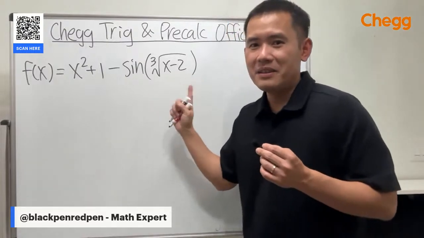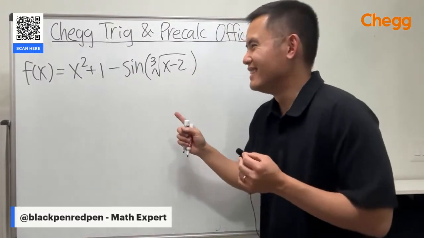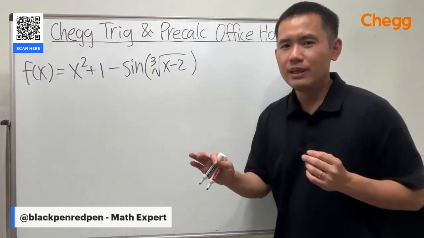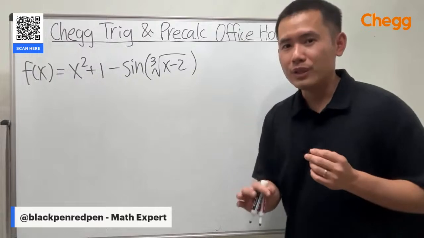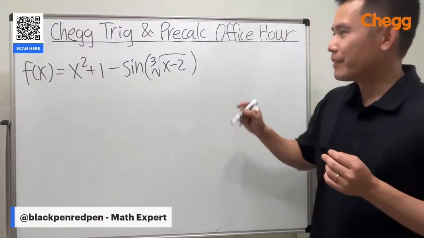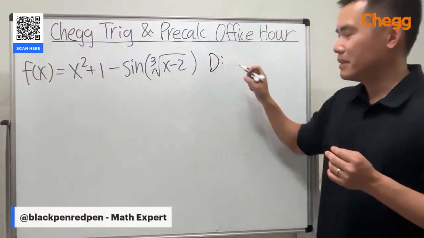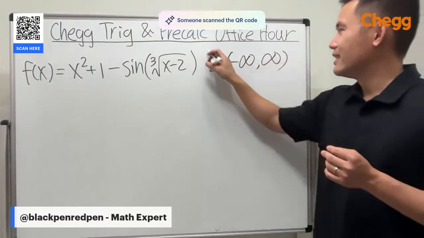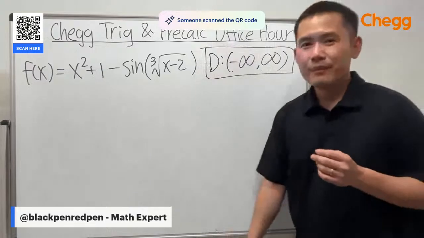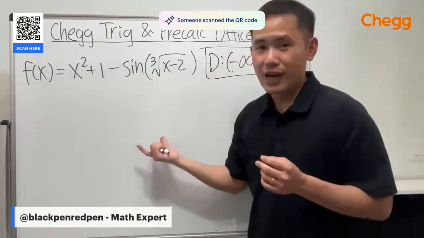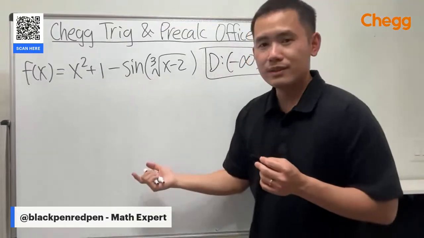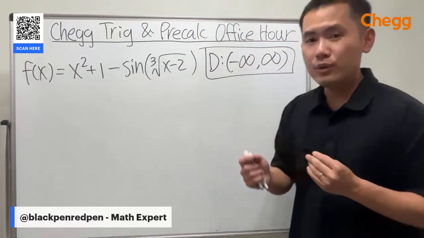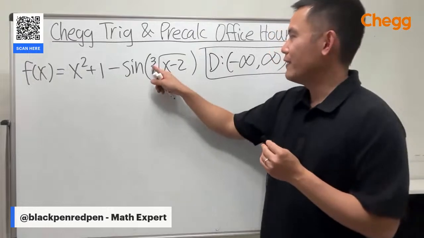Okay, this right here, it's easier than it looks. It might look intimidating, but no, there is actually no worry. Ready? The domain is just all real numbers. Why? Do we have any fractions, like any over x? No, right? No fractions. Do we have any square roots?